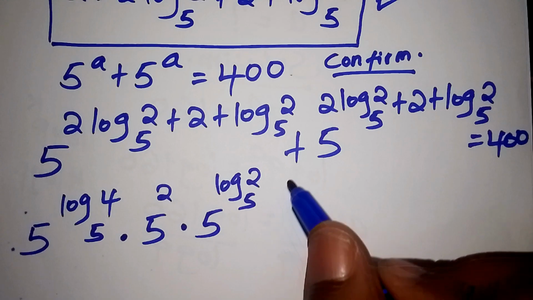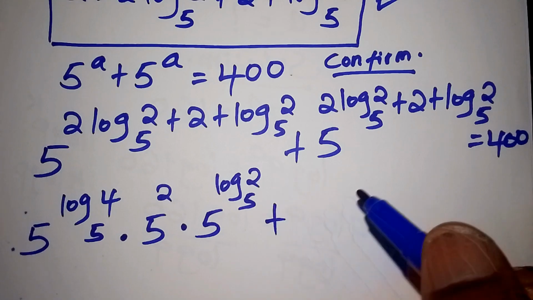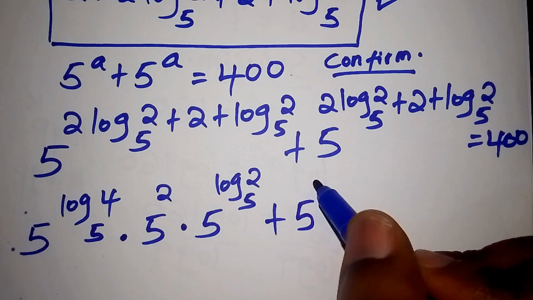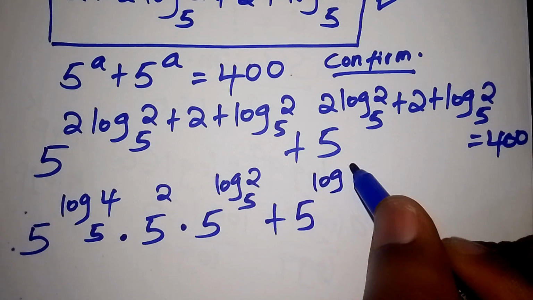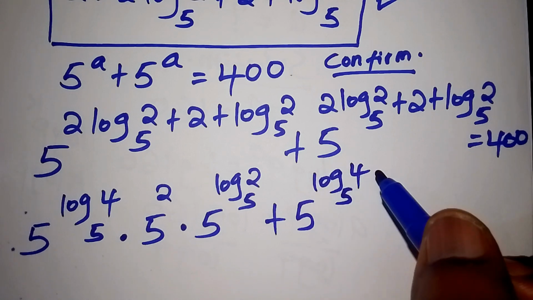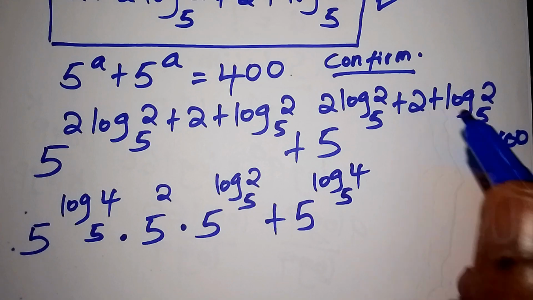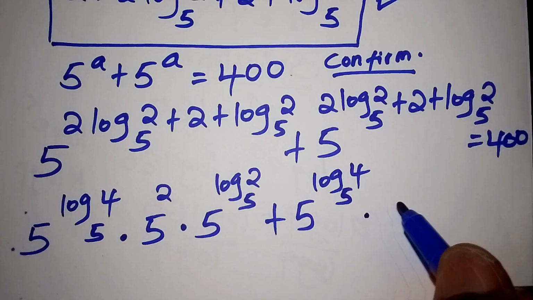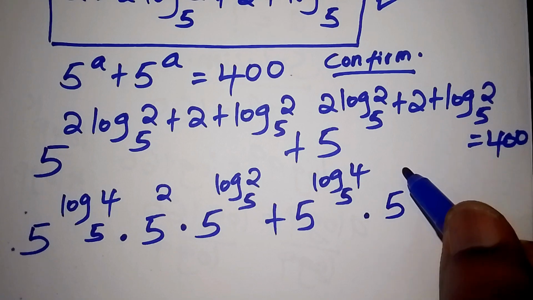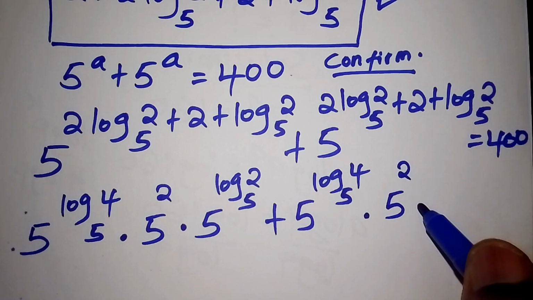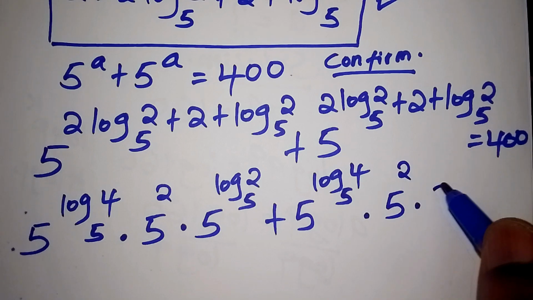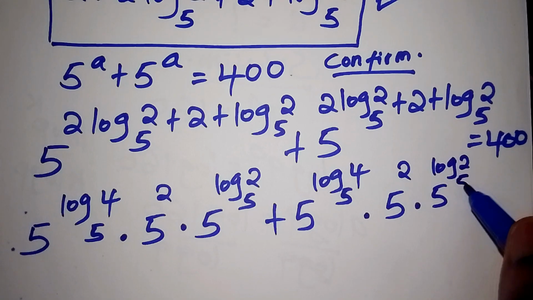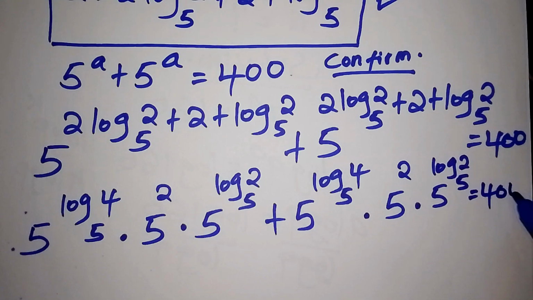So instead of having that, we shall now have 5 to the power of the log of 4 to the base of 5, then multiplication again 5 to the power of 2, then multiplication 5 to the power of the log of 2 base 5, is equal to 400.